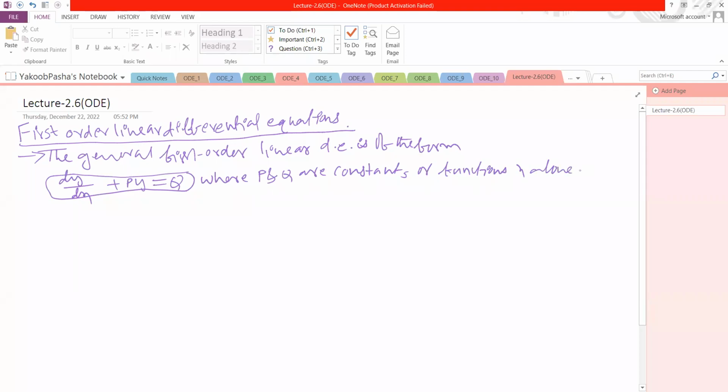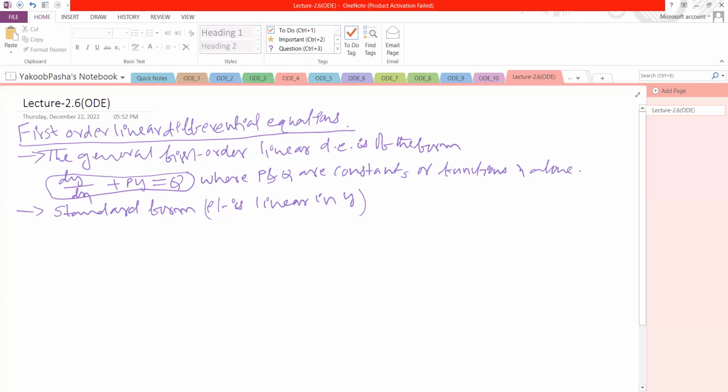This type of differential equation is called a first order linear differential equation in y, and this form is called the standard form of the first order differential equation. It is linear in the dependent variable y.